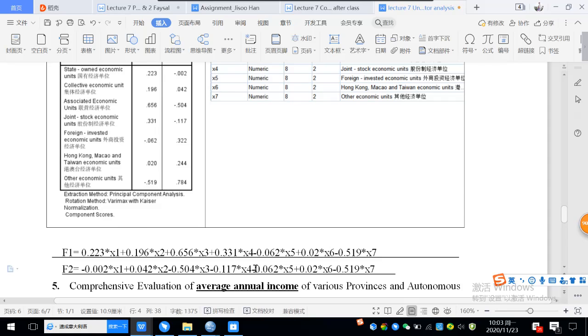Okay, and then here plus 0.322. .244 and add 0.784.